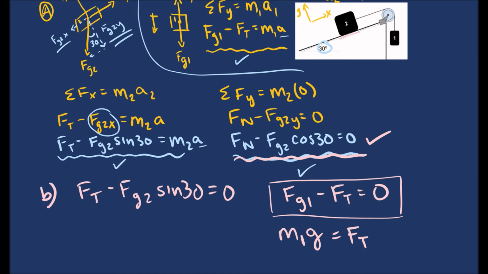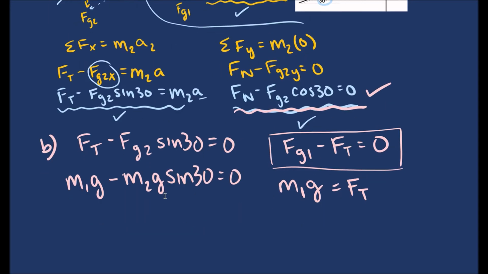Okay, so for this situation, when there's no net force, we know that m1g minus m2g sine 30 equals 0. Well, I can do a couple things here. I can add this term m2g sine 30 to both sides. So I get this relationship, and my g is going to cancel out.